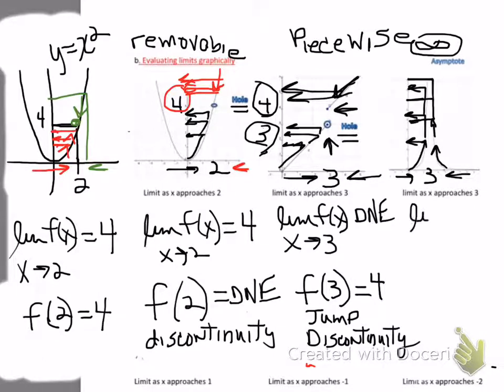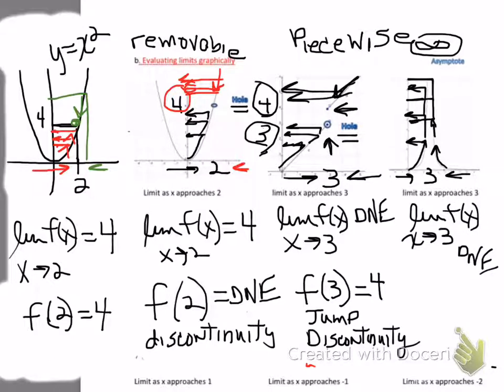So the limit of this f of x function as x approaches 3, since it approaches infinity, in our class we say does not exist. The limit does not exist because infinity is not a number, it is a concept. For us, if the limit approaches infinity, we say it does not exist.